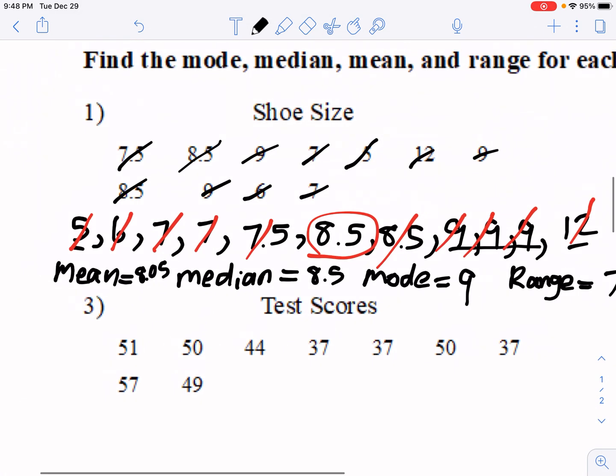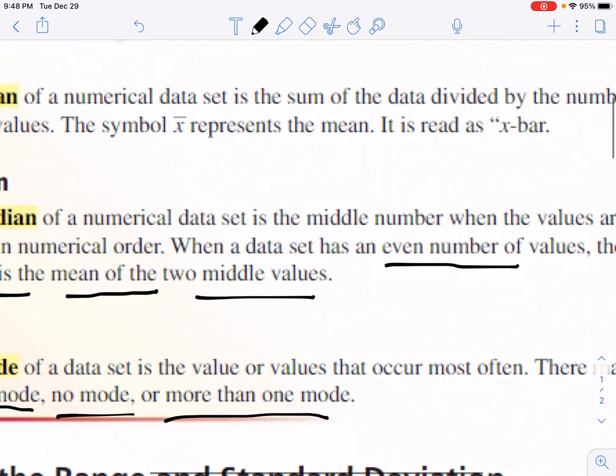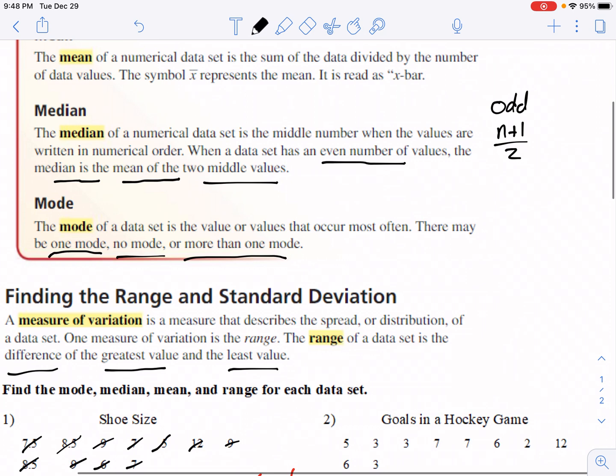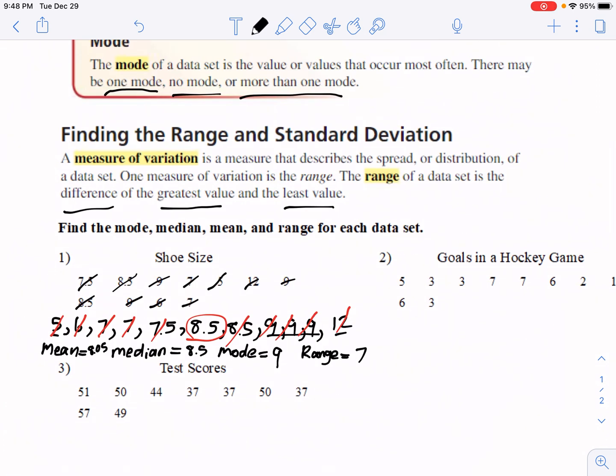Now, another way I want to look at this, if we want to add a side note up here: anytime we have an odd number set, you can take the number of values, however many numbers you have, add 1 to that and divide by 2, and that will tell you what position to count to in order to find the median.